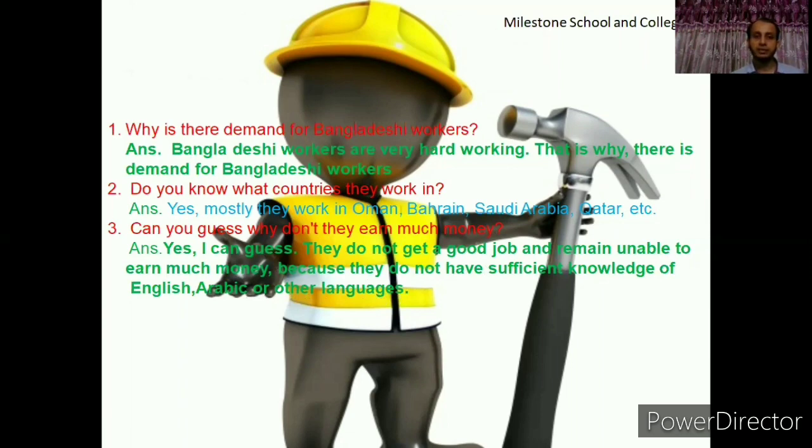Indian laborers and Sri Lankan laborers are very skilled in the English language. At the same time, they learn additional languages for the betterment of their jobs in foreign countries. But we Bangladeshi people are reluctant. We are not interested in learning foreign languages. That is why we have to engage ourselves in odd jobs in these countries.